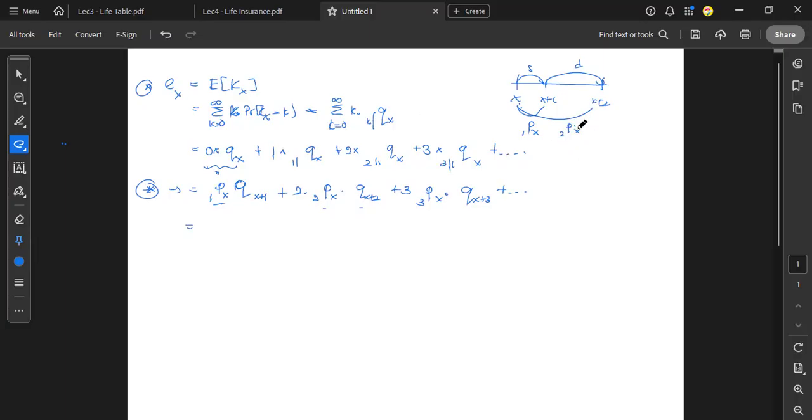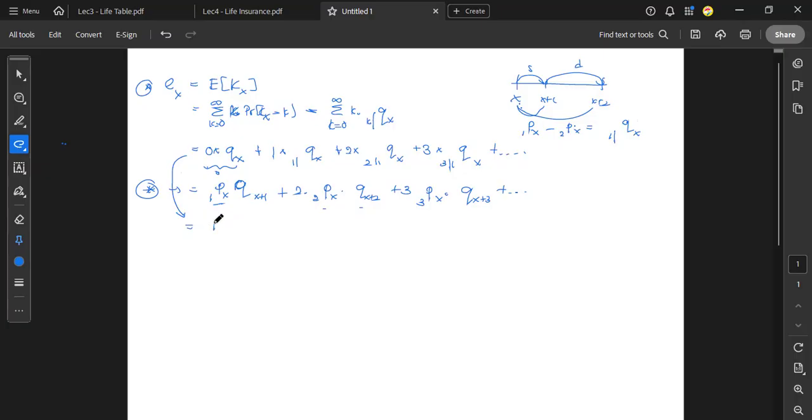And if you get the difference between these two survival probabilities, it's the deferred death probability of a person who is at age x, surviving to x plus 1, and death occurs within the next year. So we can use that concept in here and directly come from here to here like this.